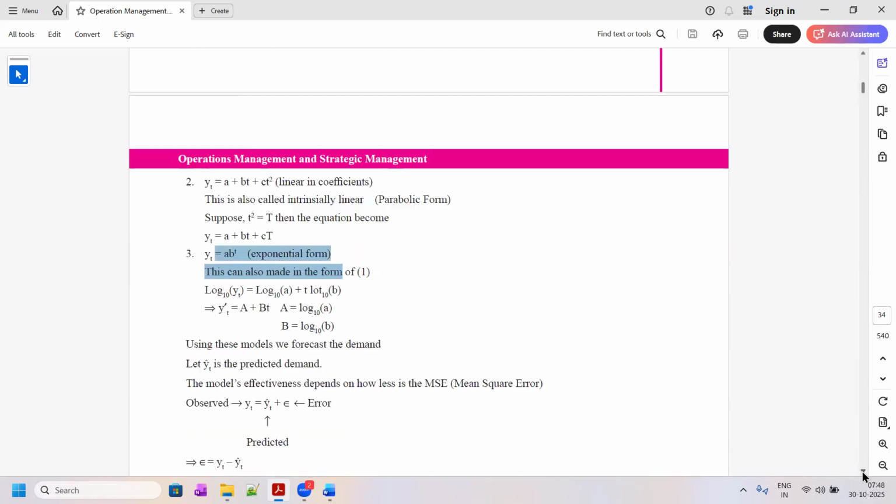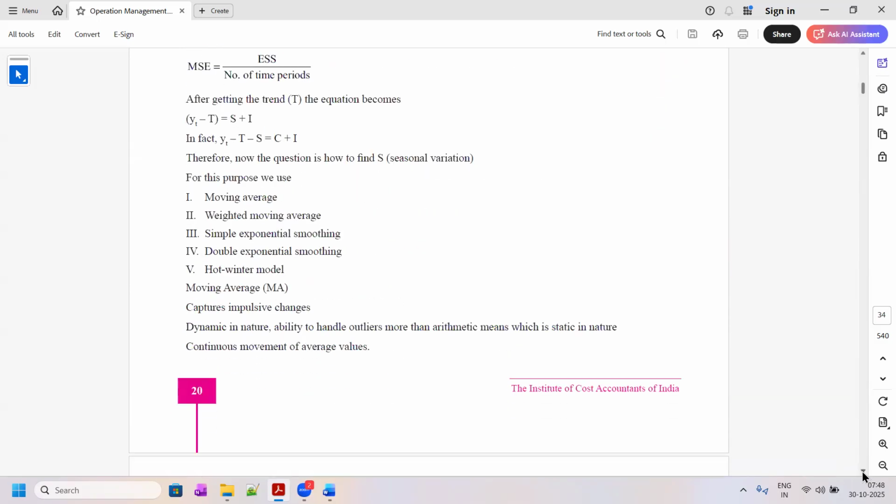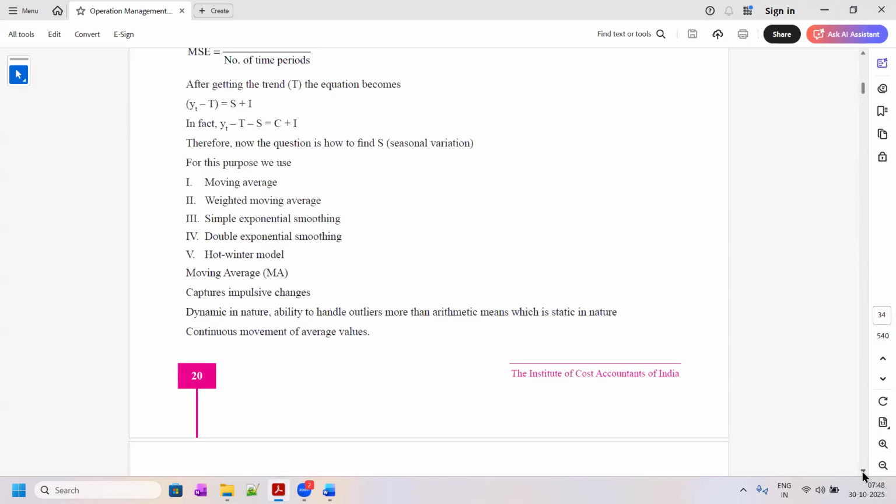Then when we are trying to study the seasonal variation, we have a method based on moving average, a method based on weighted moving average, the simple exponential smoothing method, the double exponential smoothing method, and another method called the Holt-Winters method.